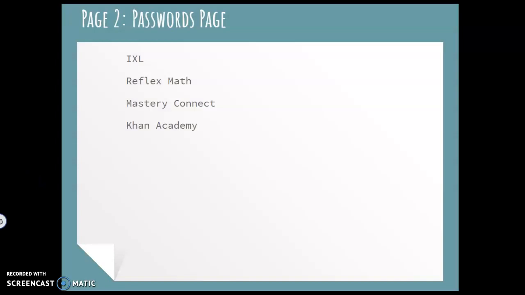Next, we will set up page 2. At the top of this page, write the number 2 and the title Passwords page. This year, you will be given passwords for iExcel, Reflex Math, Mastery Connect, and Khan Academy.